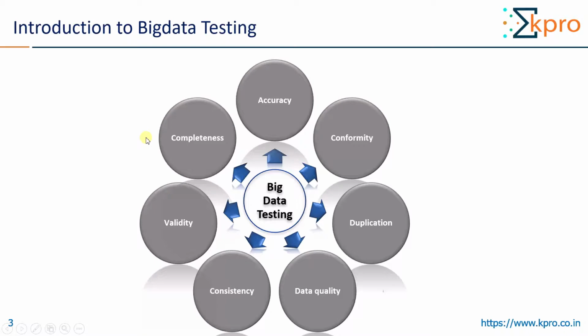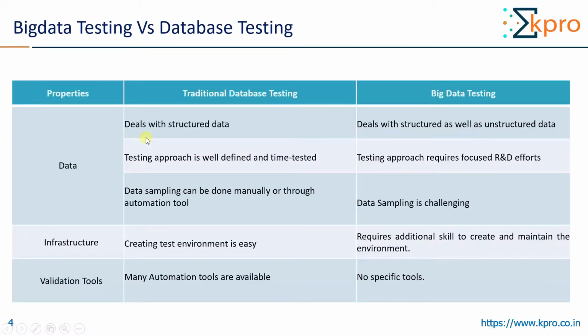Let us look at what are the differences between traditional database testing and big data testing. If we look at from data point of view, traditional database testing deals with structured data, whereas big data testing deals with structured as well as unstructured data.